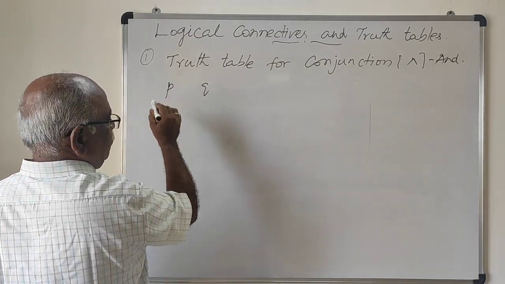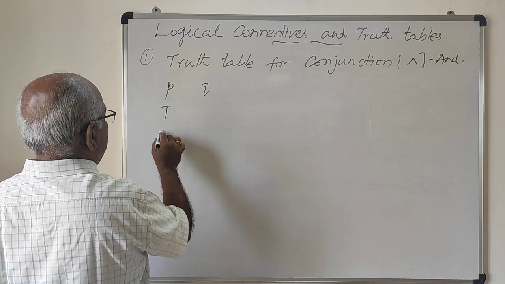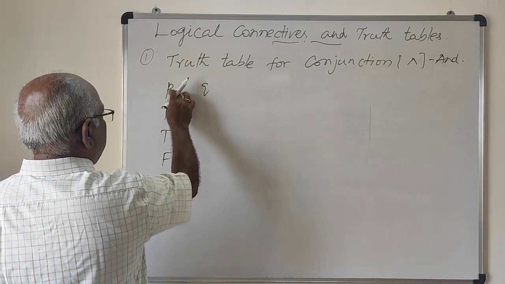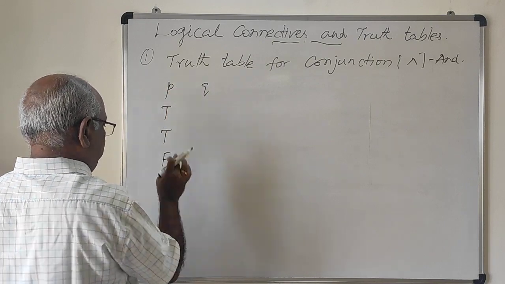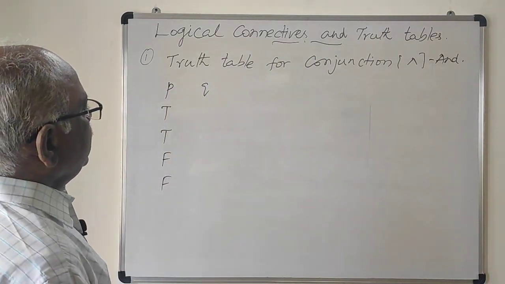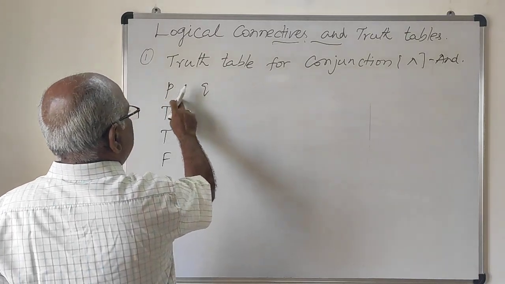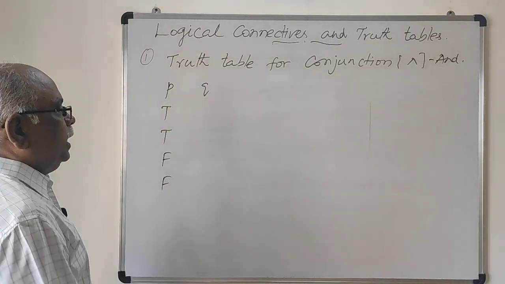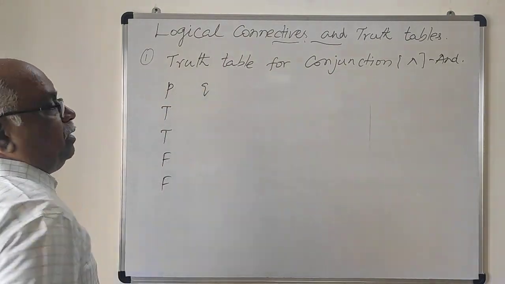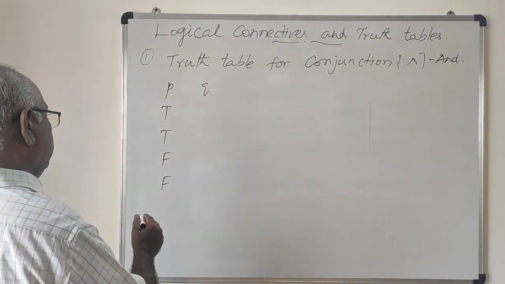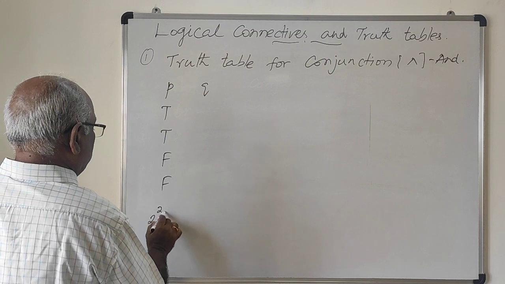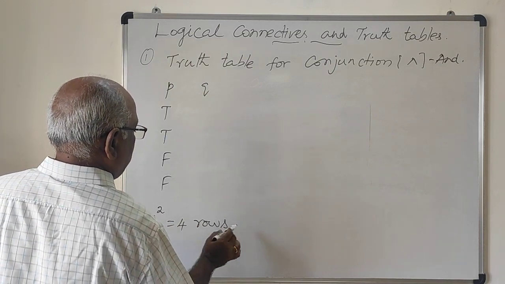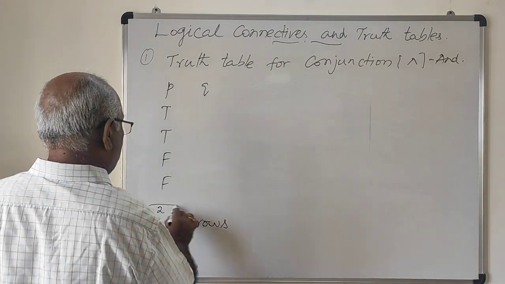If P is the first statement, it has T, T and F, F as truth values. See, if there are 2 variables in the truth table, we have 4 rows. That means 2 power 2, that is equal to 4 rows.